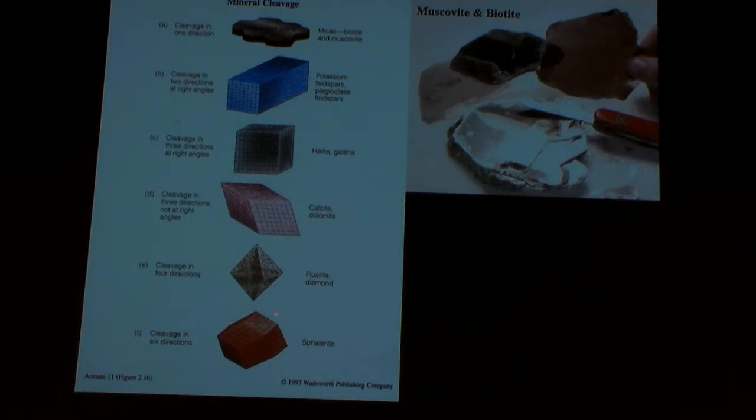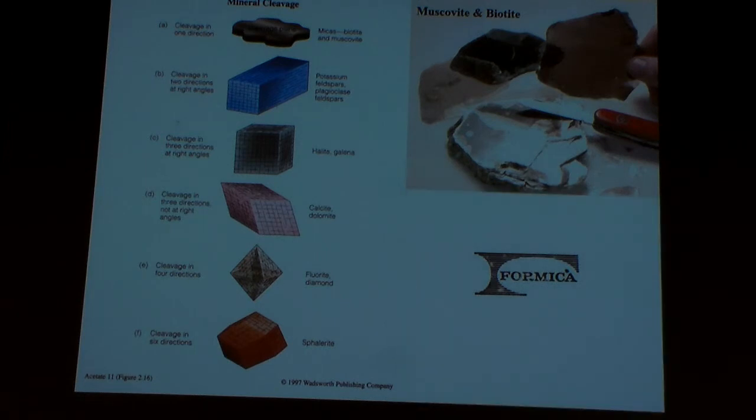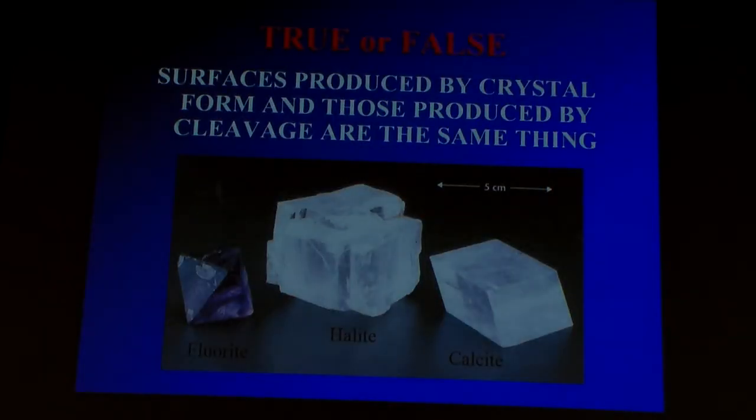The little surfaces show you the arrangement of the atomic structure. This is kind of a repeat of what we just saw. Oh, this one has six. Like I said, it's pretty rare to have cleavages in six directions.